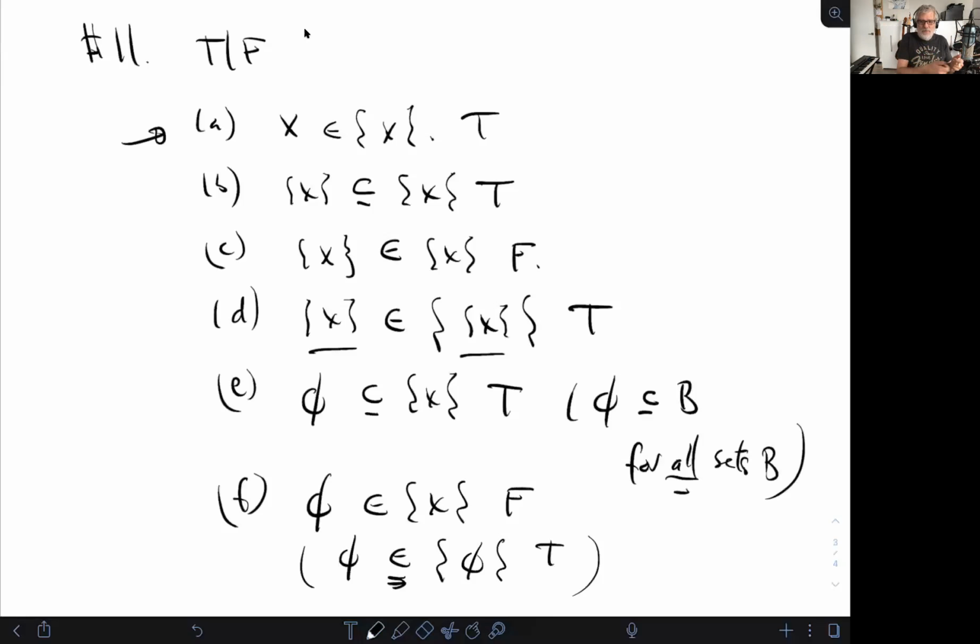It reduces to: is every element of that set an element of that set? So it's mostly being careful and knowing the definitions. That's mostly it. It's superficially confusing, slightly confusing, but not if you pay attention and you're careful.